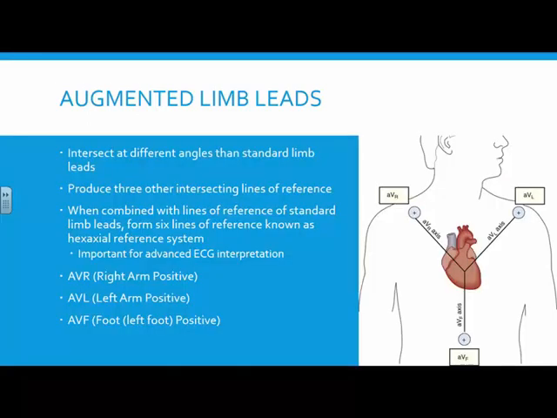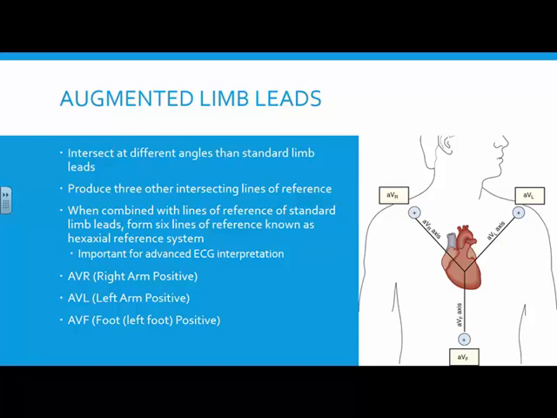Your augmented leads, why are they called augmented? Augmented is actually a term that references what the monitor does to those leads. They augment those leads. So what they end up having to do is amplify those leads because electrical conduction is so small that we can't hardly see it based off of the way that we look at them.